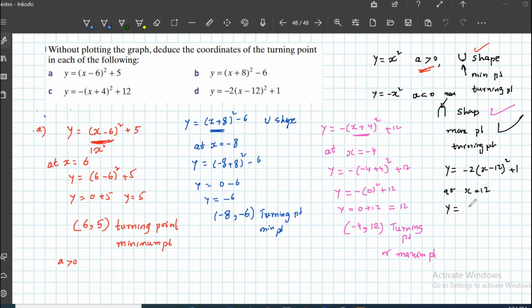That will work for us. So y is equal to minus 2 (12 minus 12) whole square, which gives us 0 plus 1. So I'm getting y is equal to 1. So the required coordinates are when x is 12, y is 1. So this is the required maximum value or turning point.